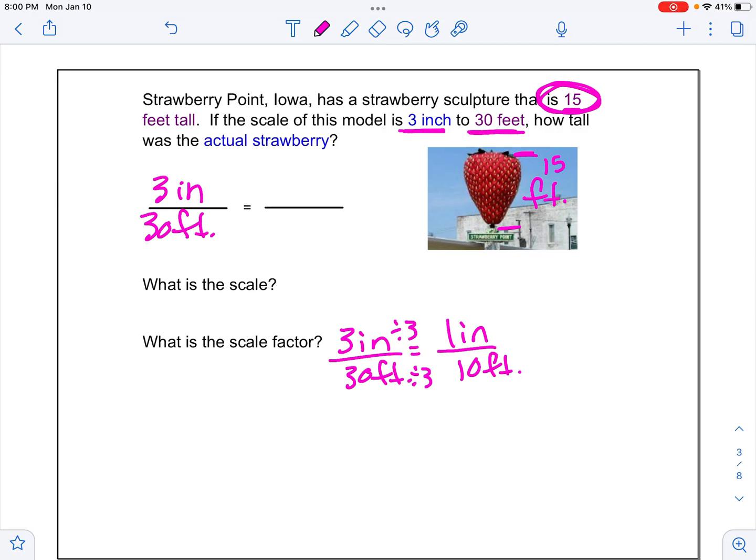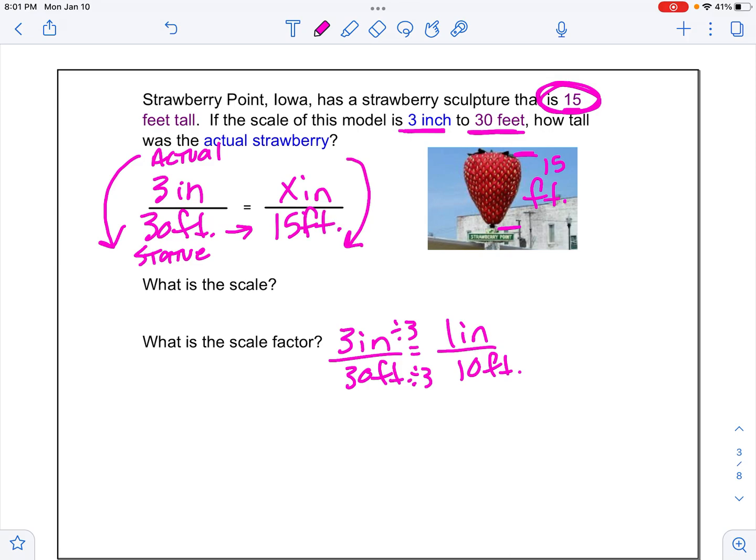Well, I'm going to put it across from the 30 because this is the statue and this is the actual strawberry. So when you think about the way a ratio is written, the relationship is between actual and statue. So that same relationship has to flow here on the other side. So I'm looking for how tall the actual strawberry is if I know that my statue is 15 feet.